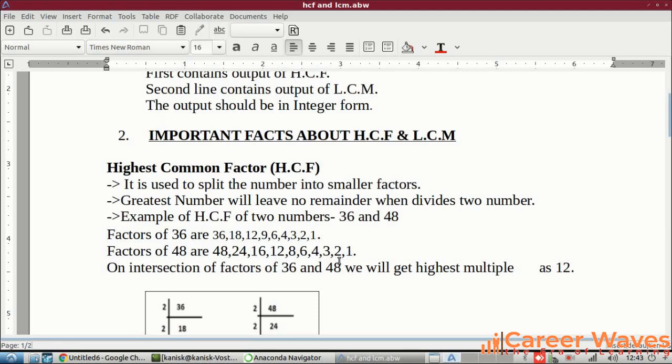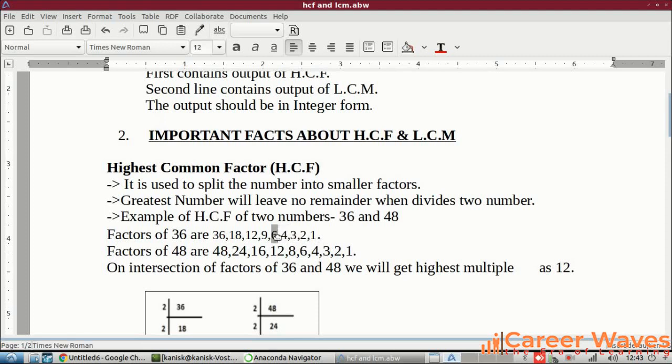In short, let's see which factors are common in both. So 1 is common in both 36 and 48. Second, 2, sorry for that, 2 is common in both, 3 is common in both, 4 is common in both, 6 is common in both. So up to 6 we have gone.